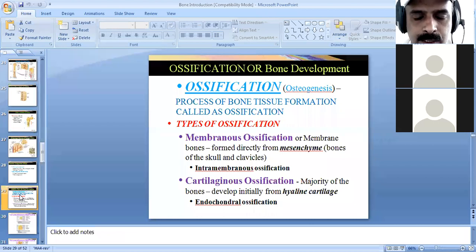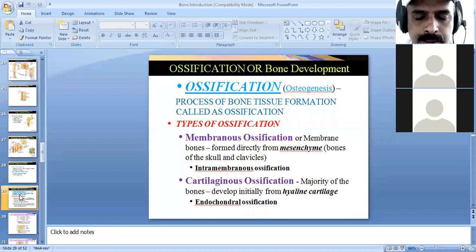What is ossification? Definition of ossification. Ossification is defined as the process of bone tissue formation. It is the process of development of bone from prenatal to postnatal. Prenatal, before birth, bone development is there.